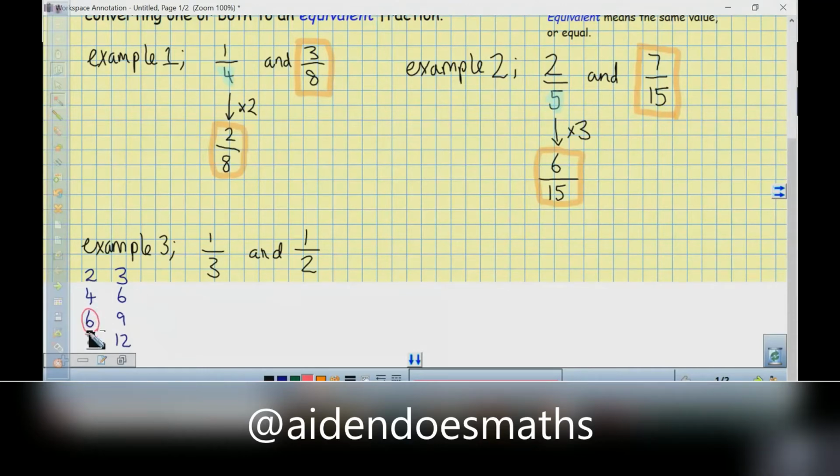You can see here, look, 6 fits into both. So we want our new denominator to be 6. Okay, so we're going to say our common denominator will be 6.